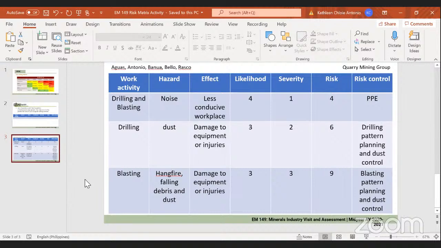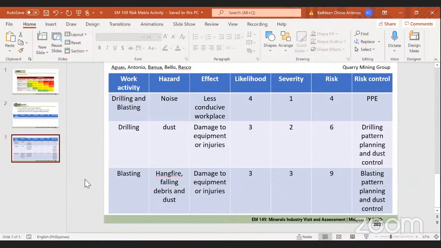Ayan. So sa noise, this one is something that is very much unavoidable. Okay? So PPE. And also, it can actually be controlled, kunyari, via best practices, okay? Proper equipment maintenance. So if you have equipment that has some parts possibly na medyo maingay, just properly maintaining it could lessen a lot of the noise na maririnig during the operations.